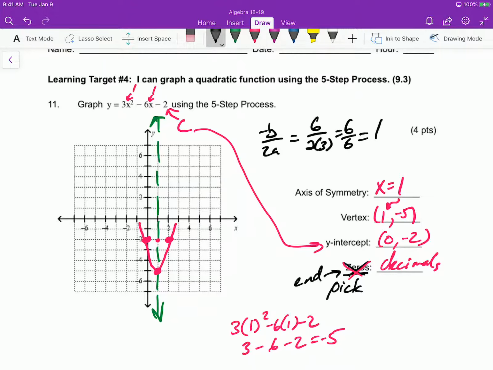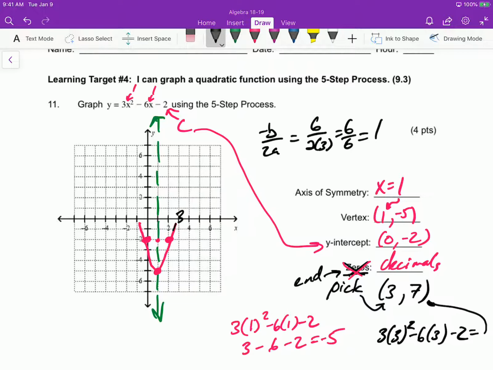Instead, we're going to pick. Well, we can tell that eventually it's going to go somewhere where x is 3, so that's just my choice. It doesn't have to be 3. It was just the next one to the right, just keeping my drawing going. So if I plug in 3 into the same original equation, 3 times 3 squared minus 6 times 3 minus 2, I actually get my answer to be positive 7.